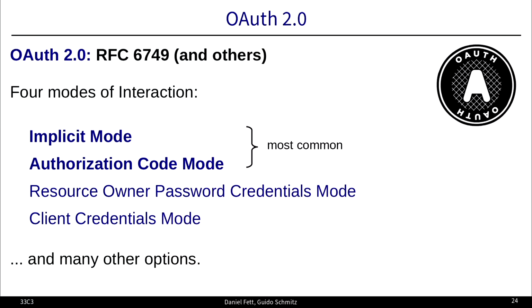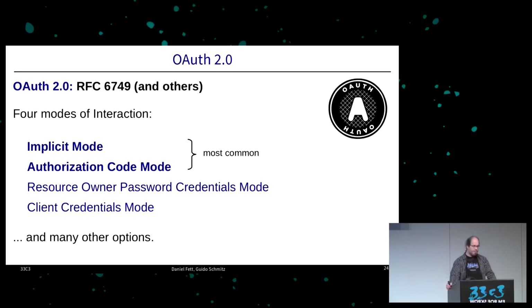Let's start with a closer look at OAuth. When I say OAuth, I always mean OAuth 2, not the older OAuth 1. So OAuth 2 is mainly defined in RFC 6749 and also some other RFCs and some other documents. OAuth itself has 4 different modes it can run in.